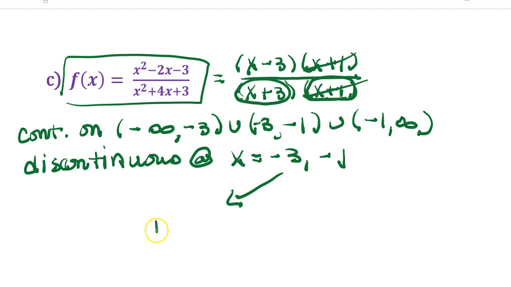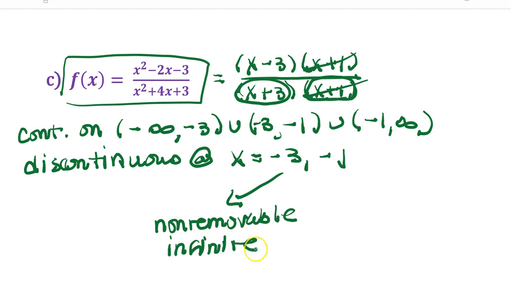So this is going to be a non-removable, and because it leaves us with x plus 3 in the denominator, that's going to be an asymptote, so it will be infinite. At x equals negative 1, that factor gets removed, so we would call it just removable.